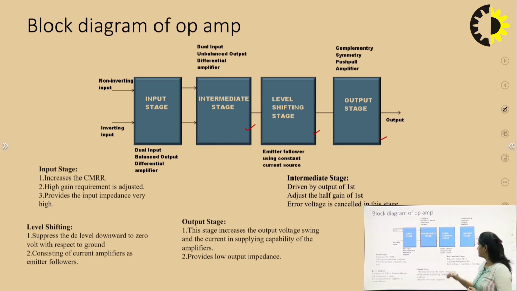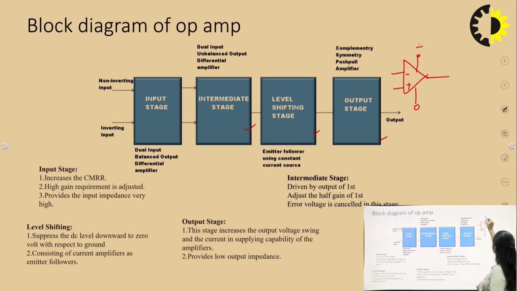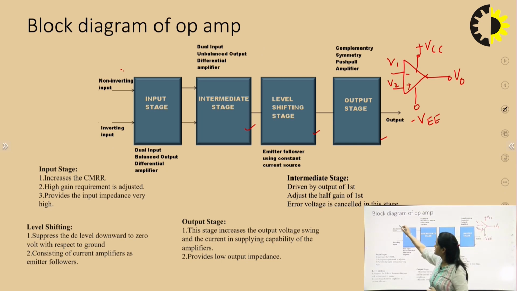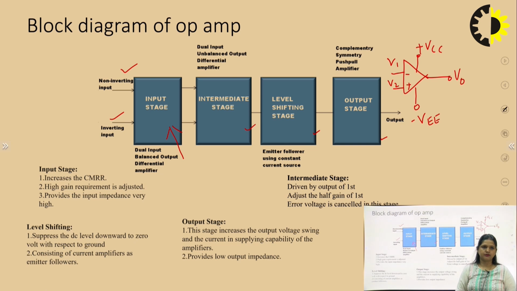As we know, in this symbol there are 2 terminals, one negative, one positive. There are 2 supplies, one plus VCC, the second minus VEE, and there is one output terminal. The positive terminal is the non-inverting input terminal, and the negative node is the inverting input terminal.